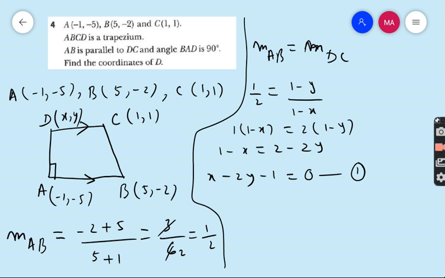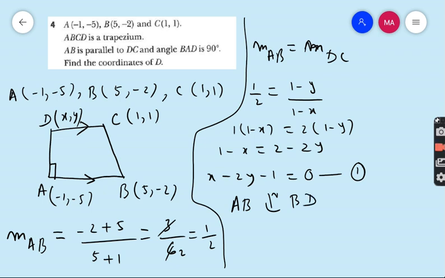Now come to the second concept. Angle BAD is 90 degrees. It means you can say line AB is perpendicular to line BD.